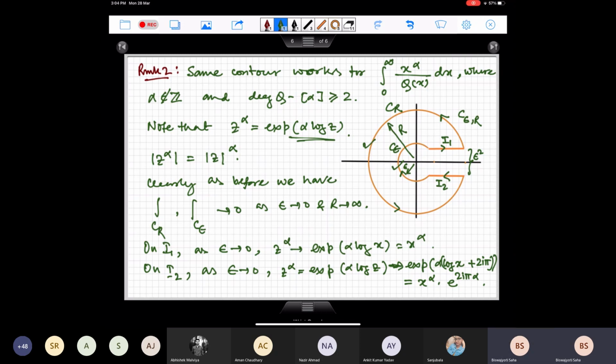So therefore what do I get? If I add I1 and I2, I know that the integral on I1 is from 0 to infinity, and the integral on I2 is going to give me the integral from infinity to 0.